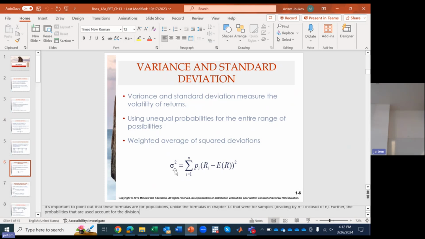So when you have these probabilities, you no longer need to divide by the number of years, because there are no years. This is the expectation for the future, 1 year. But it's a probability, so this eliminates the need to divide by n minus 1.